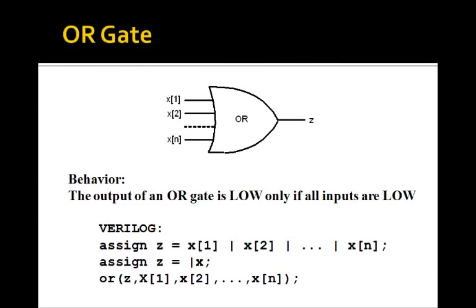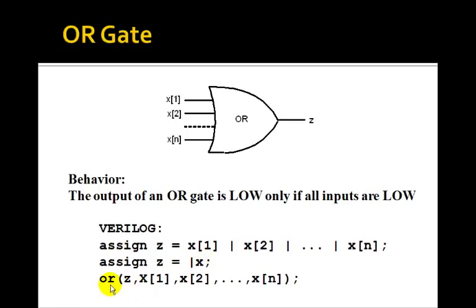Let's look at a multiple input OR gate. The behavior of a multiple input OR gate is that the output is low only if all inputs are low. If any of the inputs are 1, the output is 1. In Verilog, again, we use the assignment statement, assign z with the OR symbol. The reduction operator OR can be used to represent all this with just OR x, where x is an array.